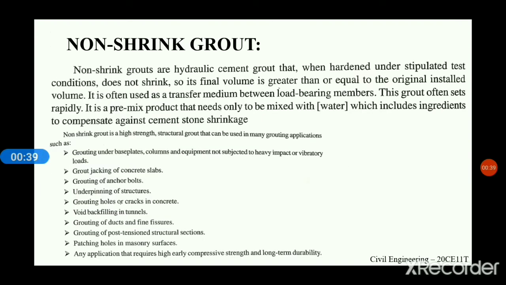Next we have non-shrink grout. Non-shrinkage grouting material is made up of high strength material as aggregate and cement as the base material, supplemented by high fluidity, micro expansion, anti-segregation, and other substances, formulated without iron and chlorine salt.